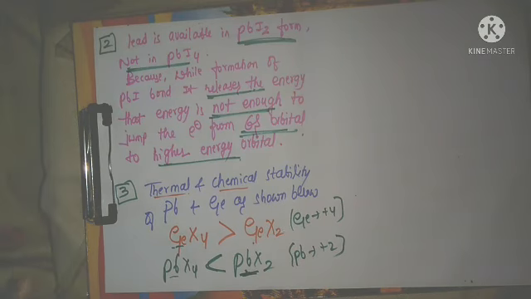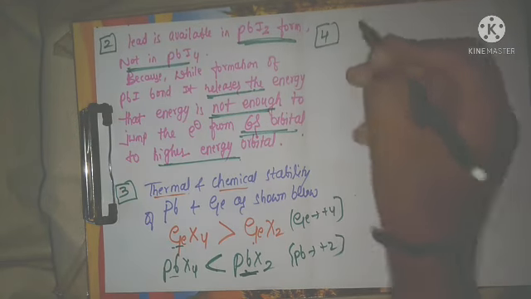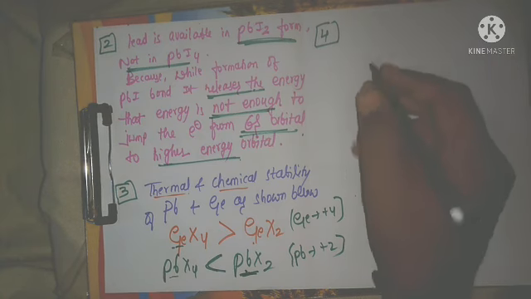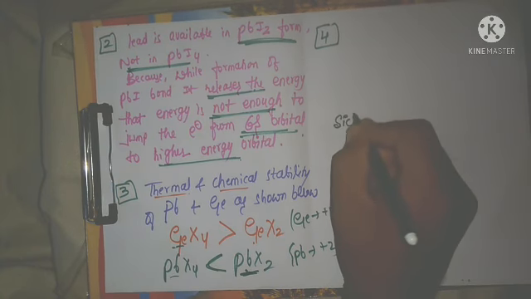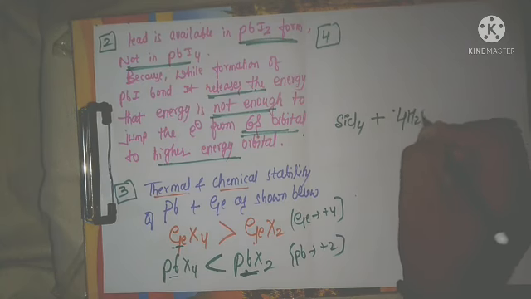Now we will go for the last point, the last general characteristic property of the 14th group elements: tetrahalides. For example, SiCl4 is reacted with water, 4 moles of water.